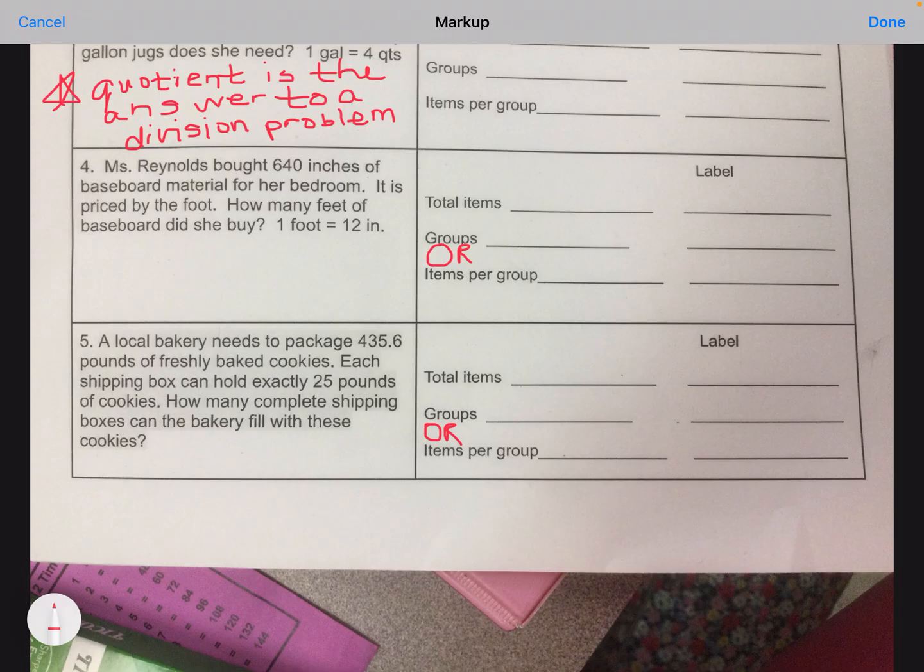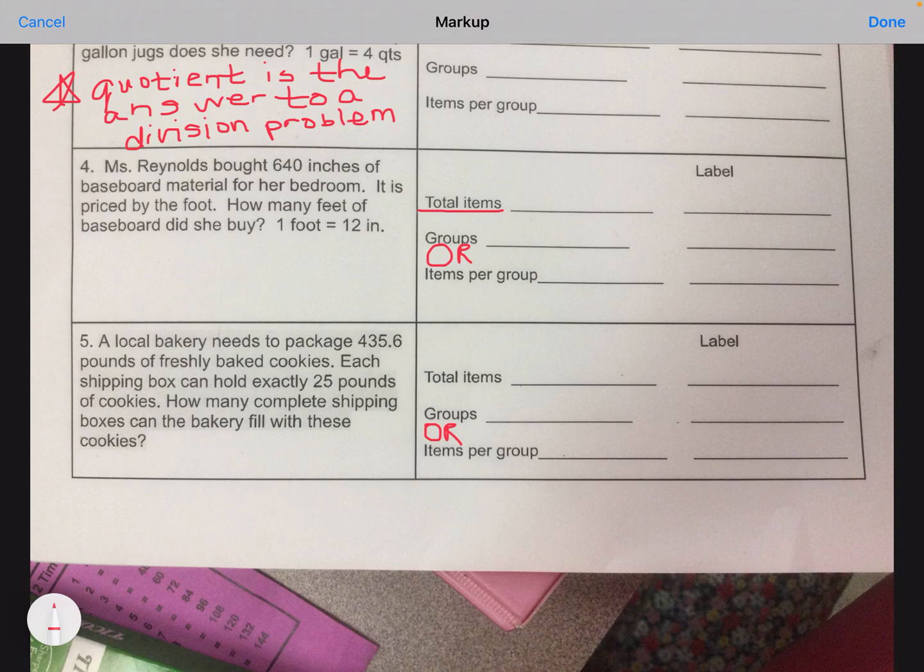In a division problem, remember, a division problem always must have a total. You have to have a total before you can divide anything, okay? So that's why I put the total items first. Then you'll have another piece of information.